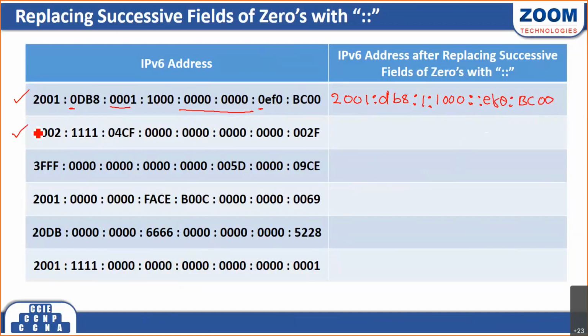My question: in IPv4 we have the network and host part. Is the concept different in IPv6, or will it be the same? In IPv4 we have classes, class A, class B, class C. In class A, the first octet is the network portion and the rest is host. But in IPv6 we don't have any classes. I'll tell you how we understand the network and host portions. Is migrating from IPv4 to IPv6 possible?